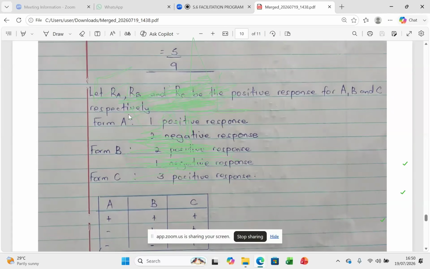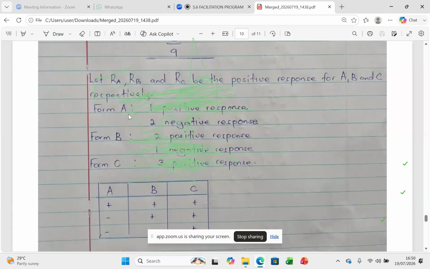Then, in the very same forms, for example, in form A, we have responses, as said in the question: 1 positive response and 2 negative responses. But according to the question, the customer has to be satisfied, like she has to give a positive comment.